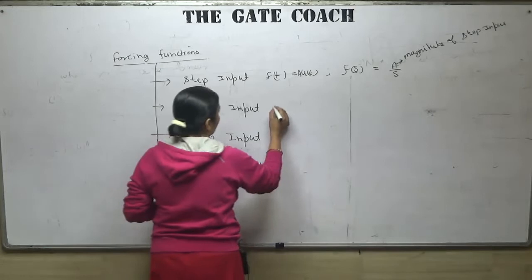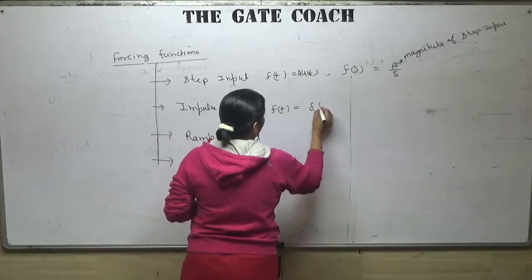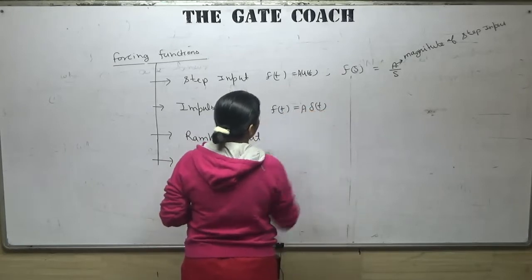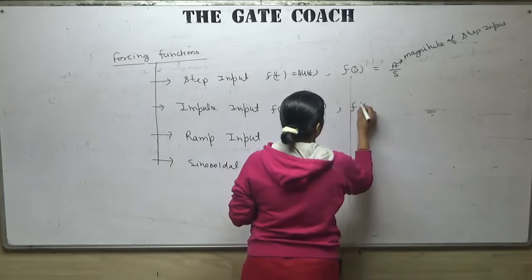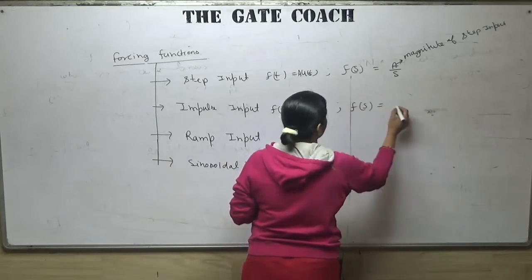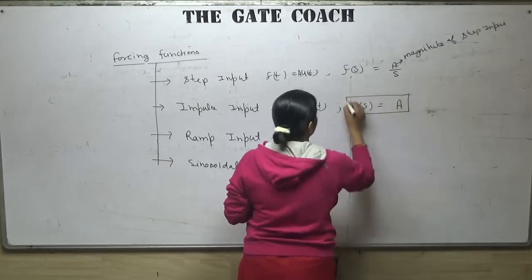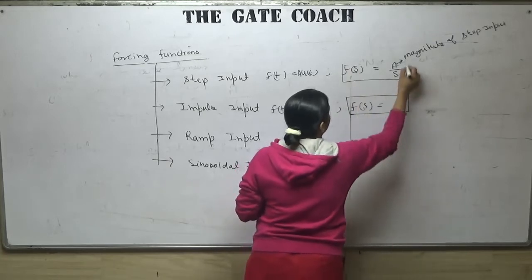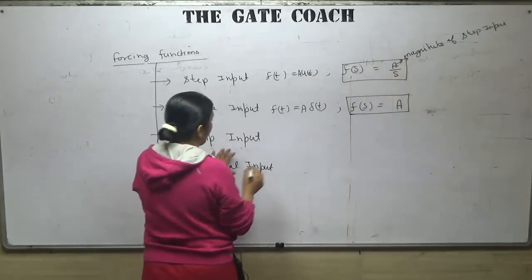The impulse function f of t is represented by the delta function. Say A is the magnitude of your impulse. The Laplace transform of the delta function is 1, so its Laplace transform for the impulse function is A. Next is the ramp input.